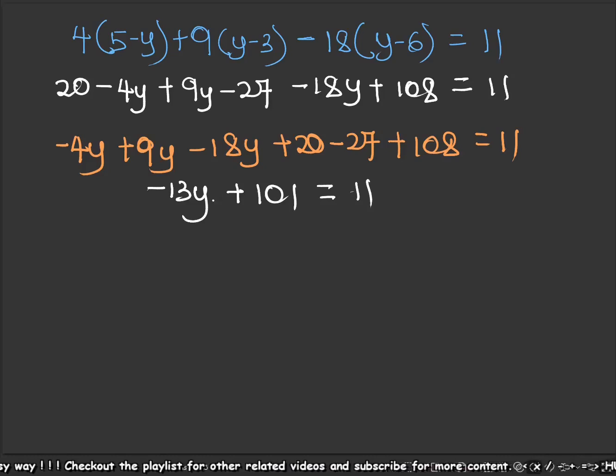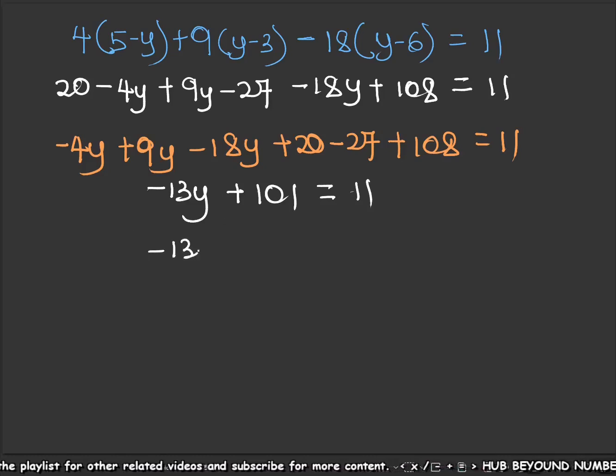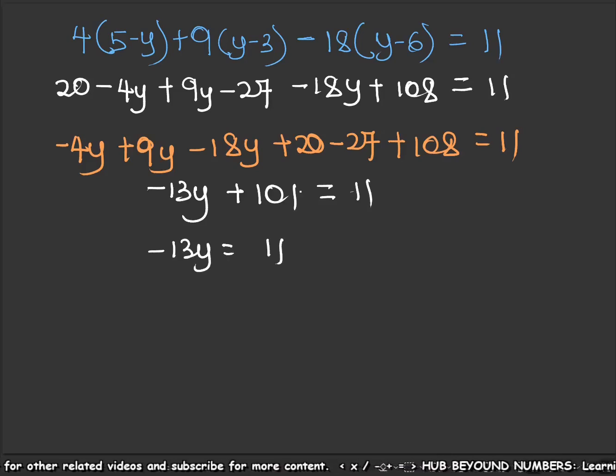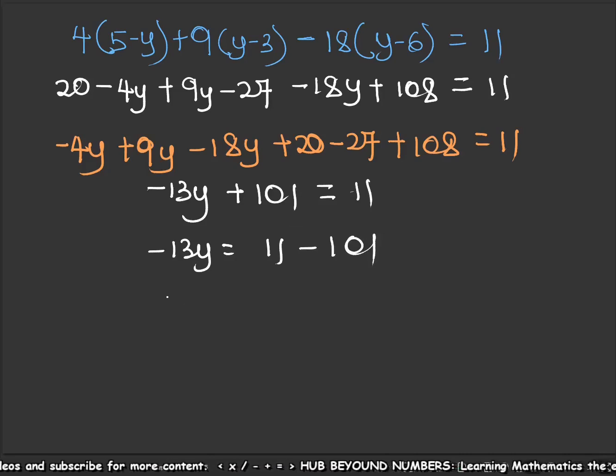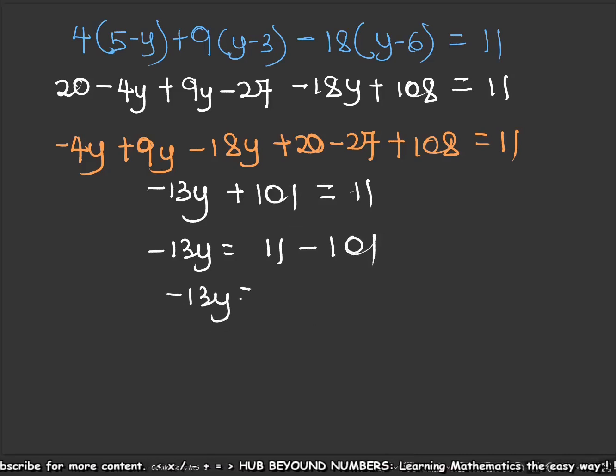So we want to make our y the subject. So you're going to get our negative 13y being equal to 11, then let's move to the other side to give us a negative 101. So negative 13y is giving us that is a negative 90.